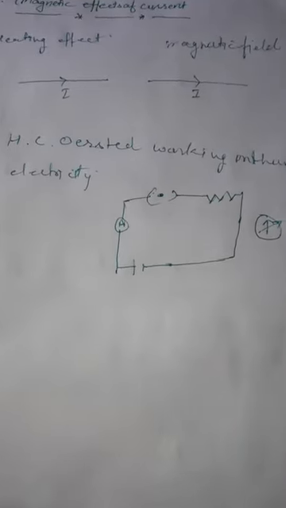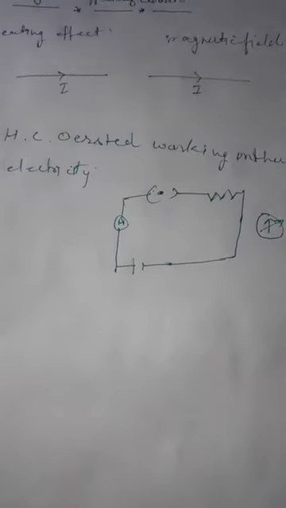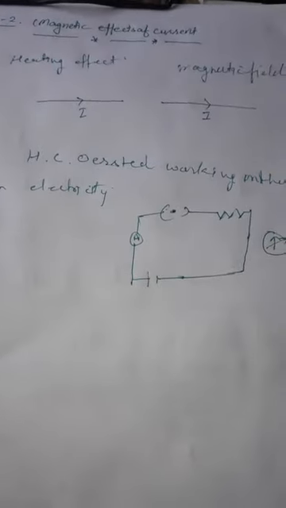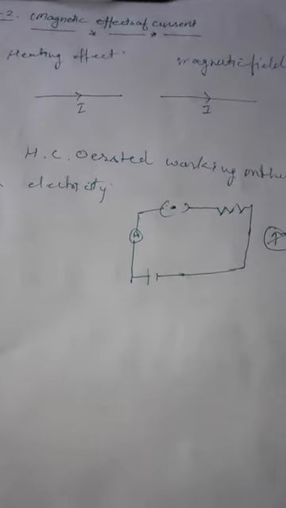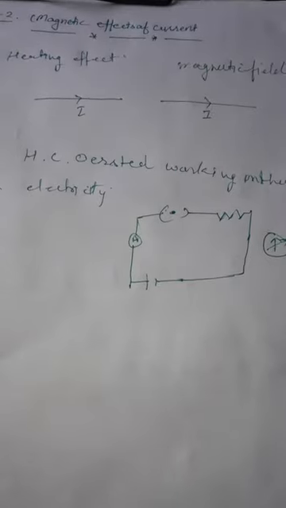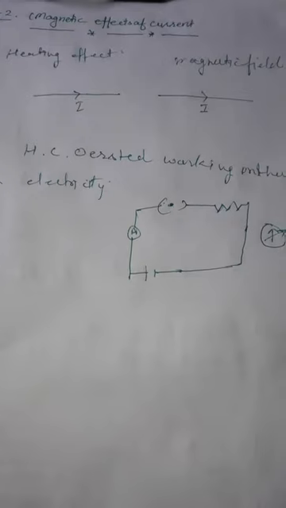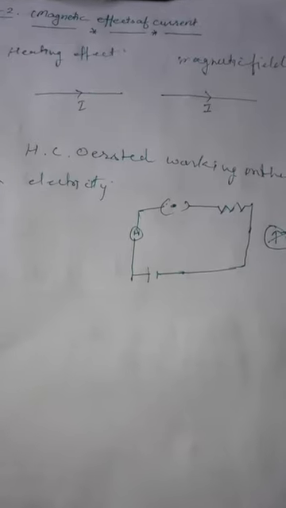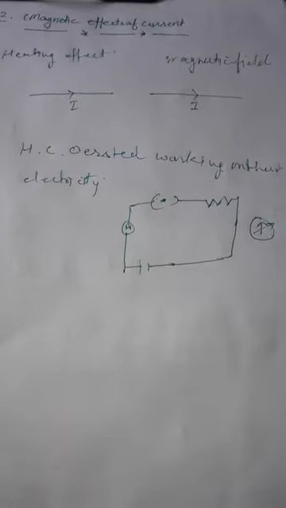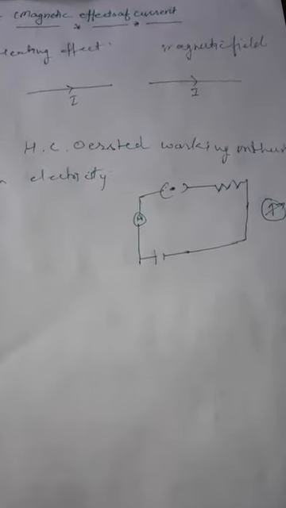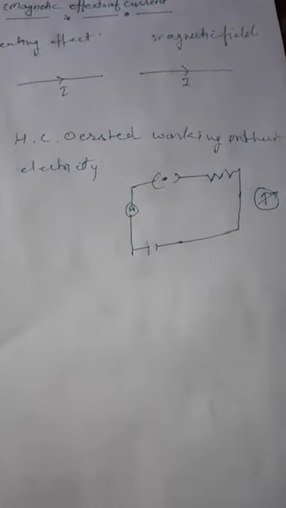These effects have very useful applications in our daily life, which can be discussed in detail. But before discussing further on the magnetic effect, let us discuss some terms related to magnets and their properties.